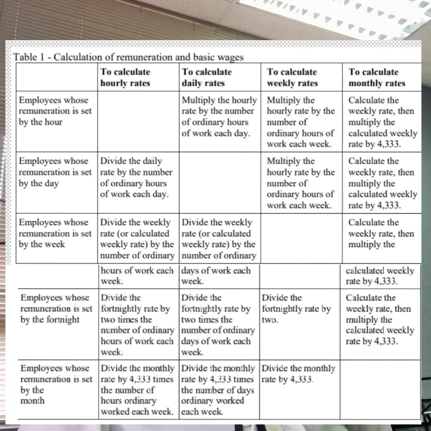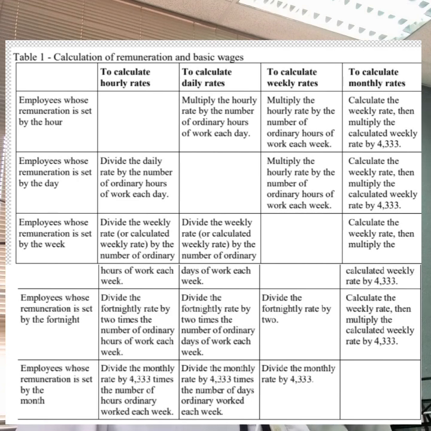According to this table, if an employee whose remuneration is set by the hour, to calculate their daily rate, multiply the hourly rate by the number of ordinary hours of work each day. To calculate weekly rates, multiply the hourly rate by the number of ordinary hours of work each week. And to calculate the monthly rates, calculate the weekly rate, then multiply the calculated weekly rate by 4.333.